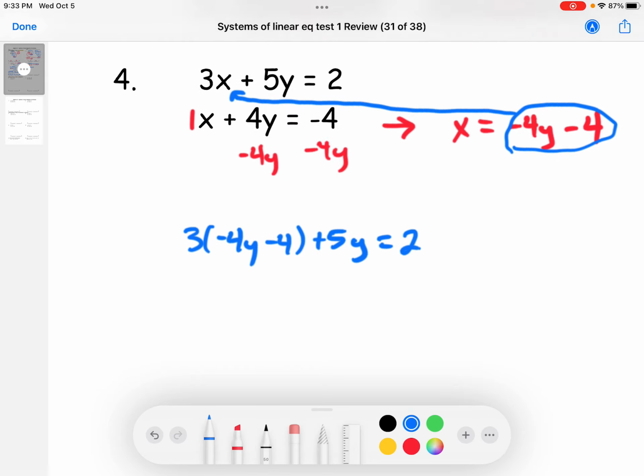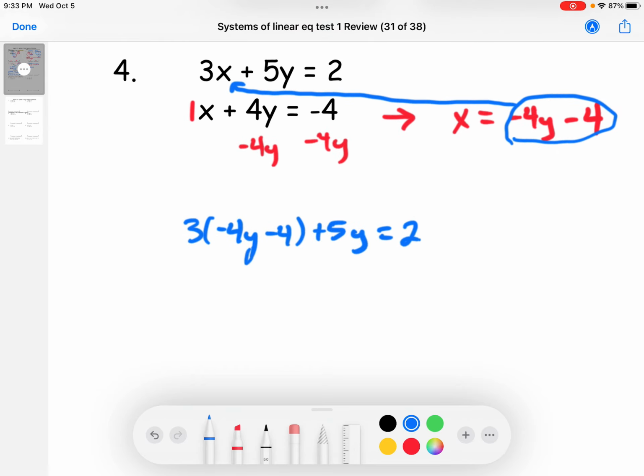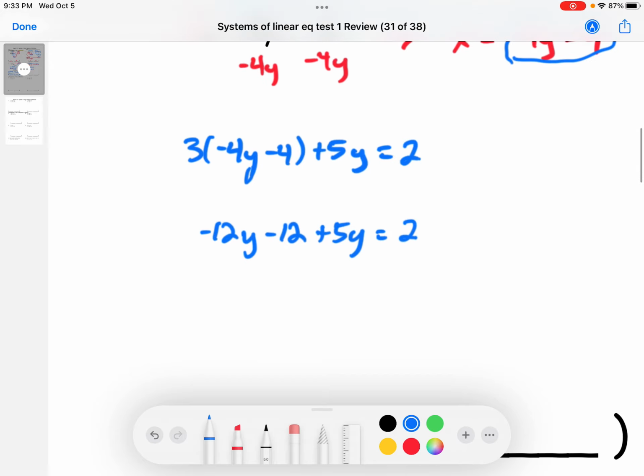Do some simplifying down as much as we can. And let's see, that gives us negative 7y minus 12. Negative 7y equals 14. And that means y is negative 2.